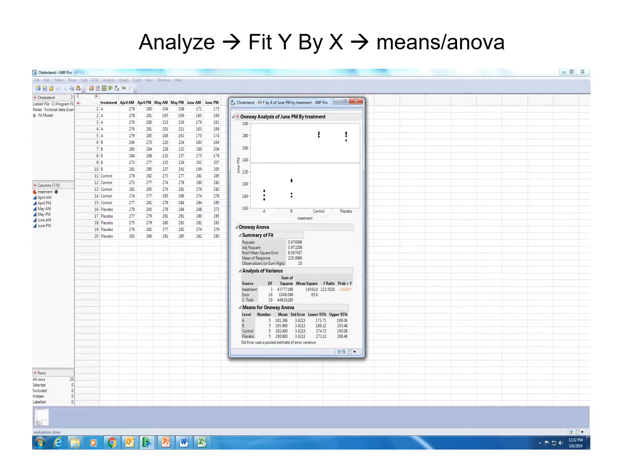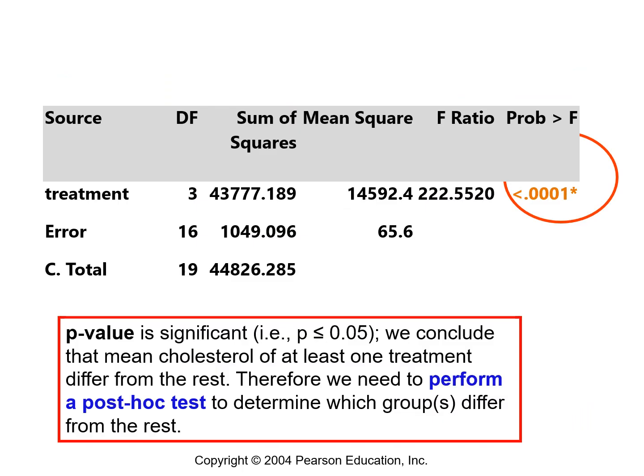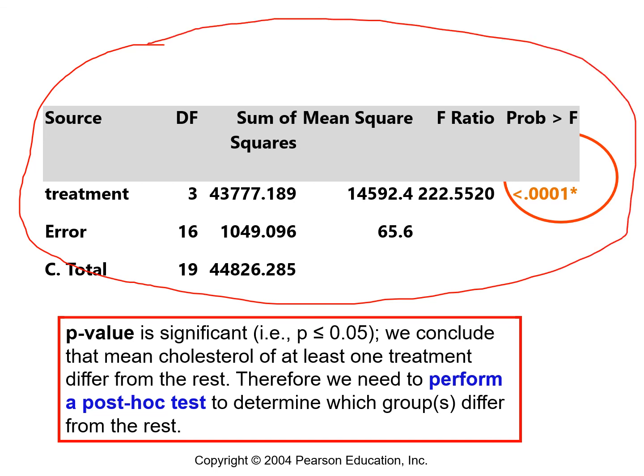Next, the Gamp outcome. This is the analysis of variance table. And as I said before, this is the F ratio, the test statistic or F statistic. And here is the p-value. The most important thing is to identify the p-value. The p-value is less than 0.0001.